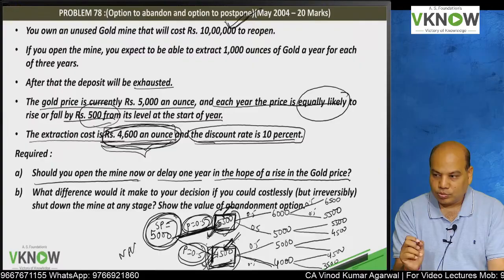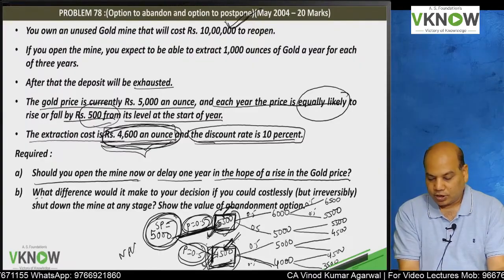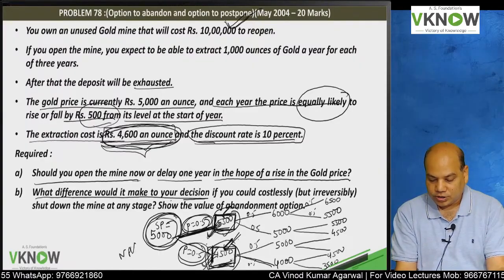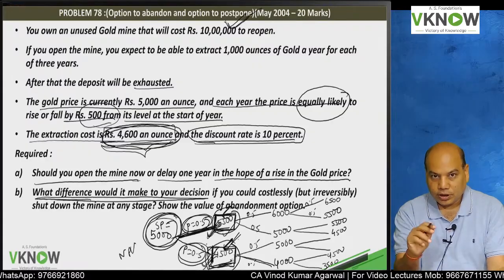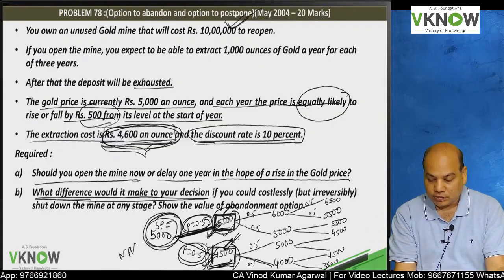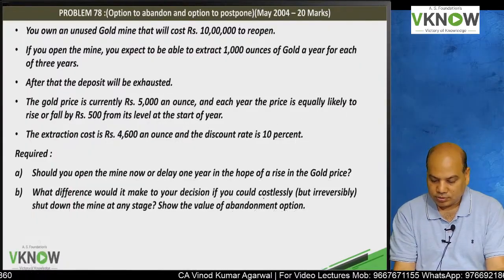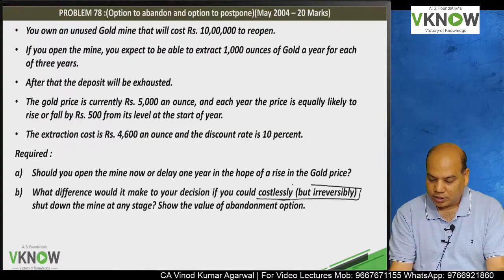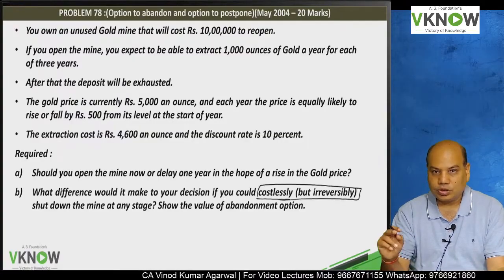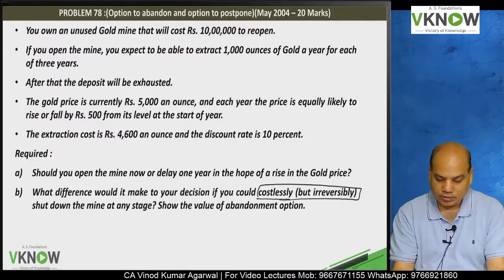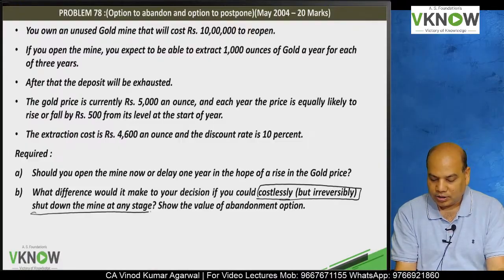Now they have added one more component. What difference would it make to your decision if you could costlessly, means without any cost, but irreversibly, once you take the decision you can't reverse it, shut down the mine at any stage.